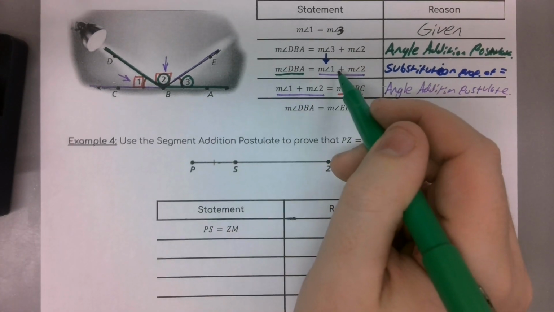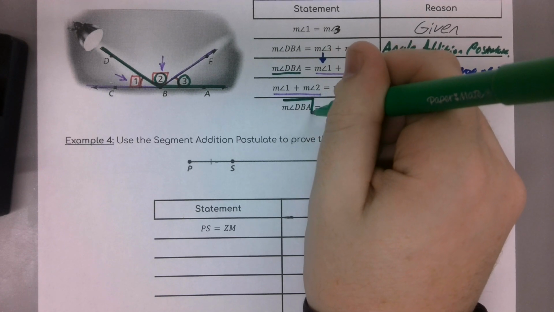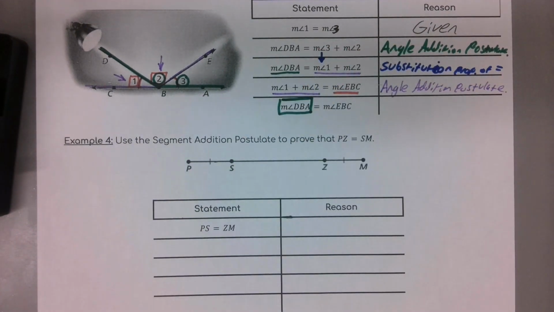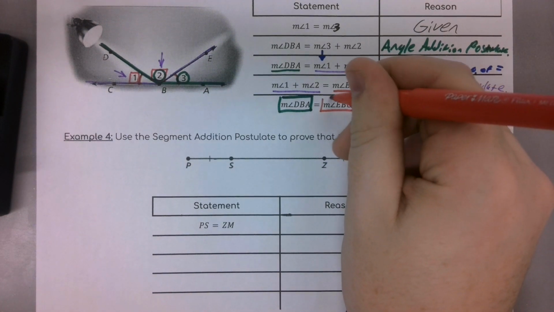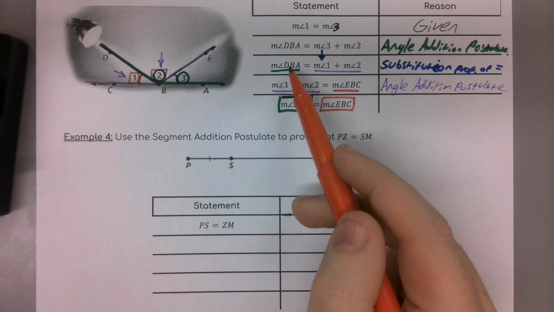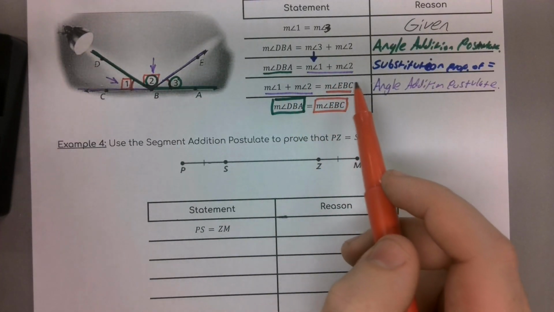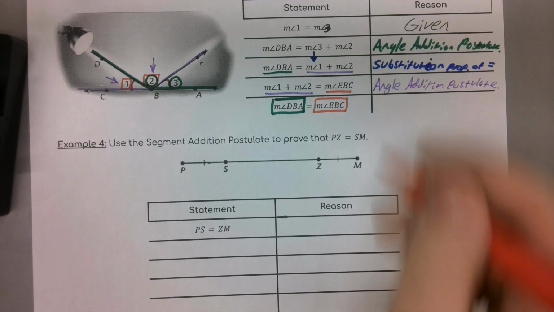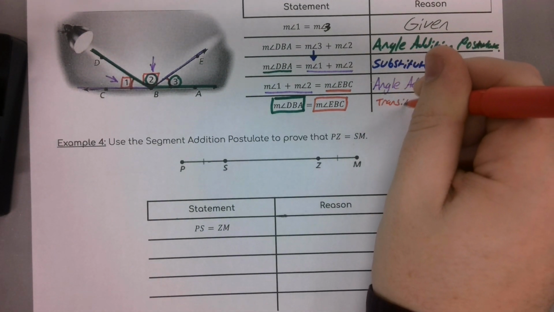If A equals B and B equals C, then A equals C. What property lets us say this? The property that says if DBA is 1 plus 2, and if 1 plus 2 is EBC, then DBA equals EBC, is the transitive property.